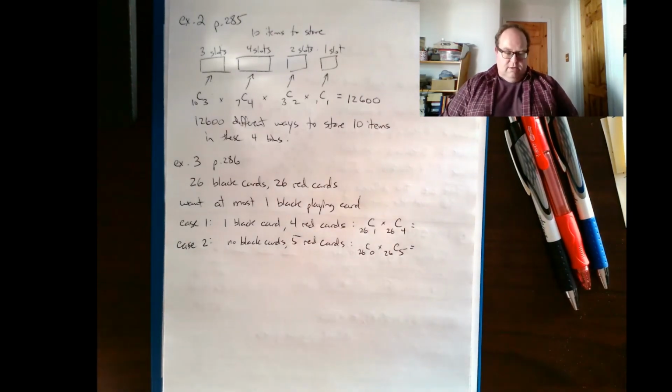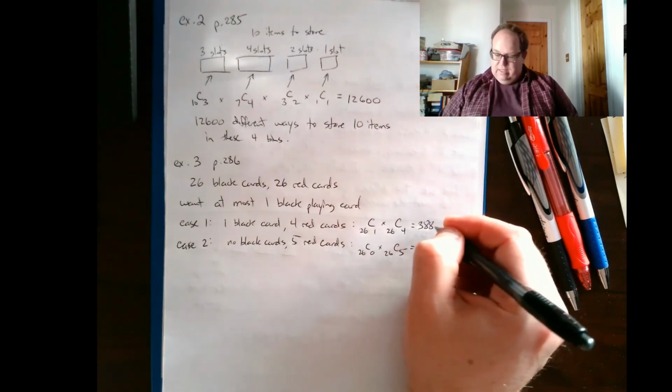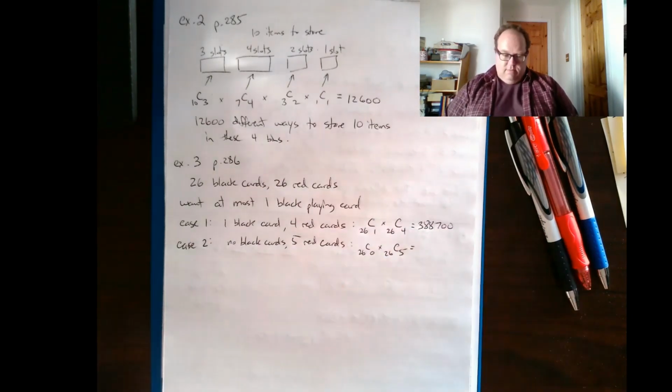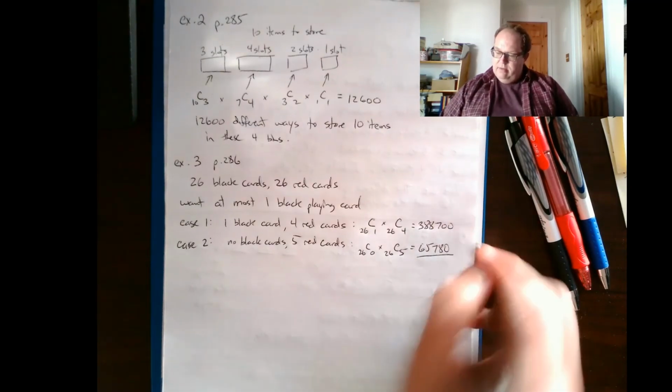We work this out. The number of hands with one black card, we have 388,700. The number with no black cards should be a bit less, 65,780.